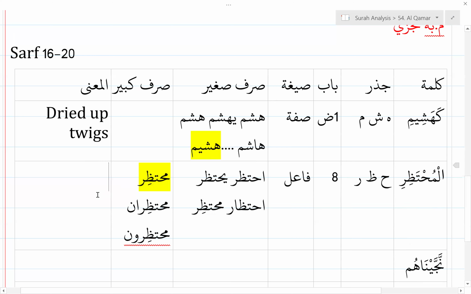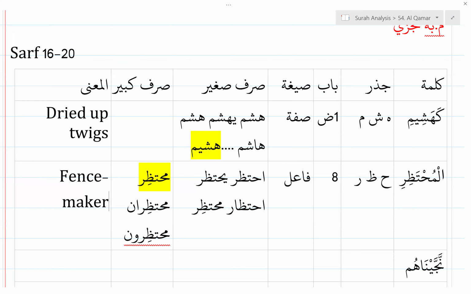Now, this is a pretty interesting word because it's not really commonly used. محتضر is the person who builds that fence for animals using dried up twigs. So I'm just going to call it fence maker, because that makes the most sense.